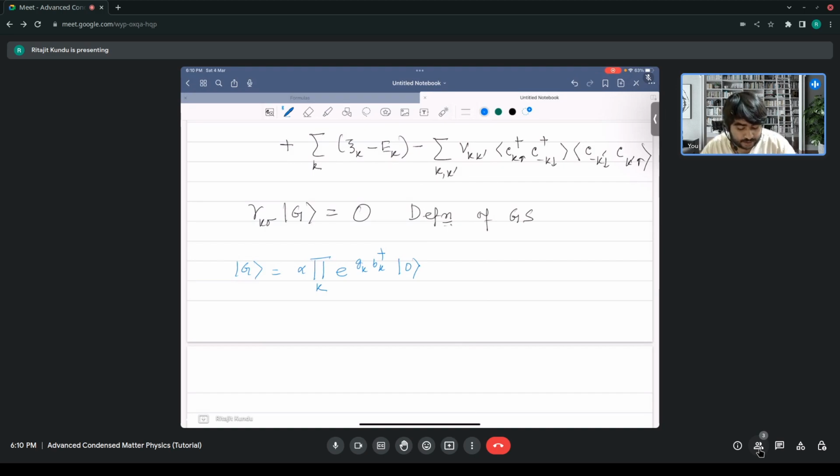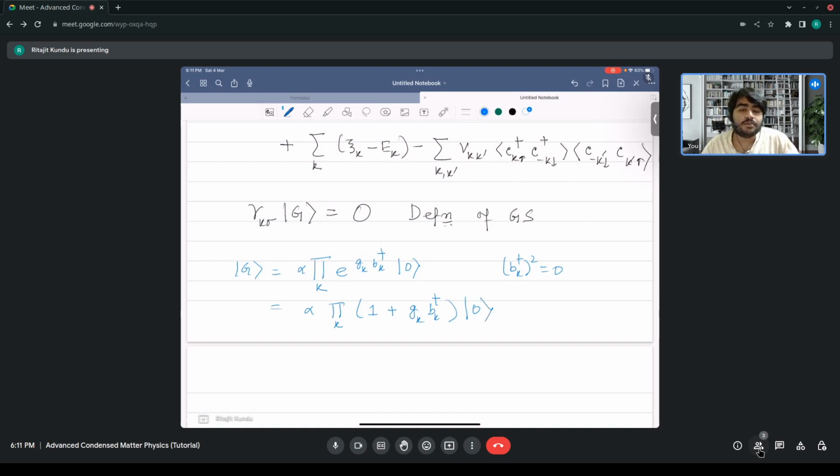Now, as I already showed you, b_k squared and b_k dagger squared are 0, right? So if you try to expand out the exponential, you will see that it actually truncates at the first order. So this becomes 1 plus g_k b_k dagger acting on vacuum.